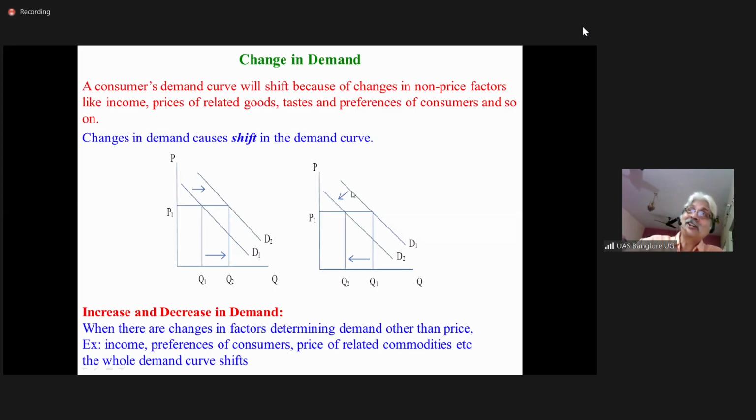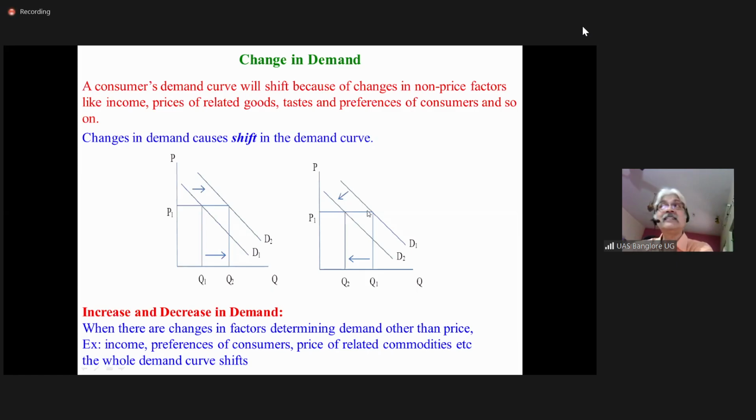So don't consume sugar, or minimize the consumption of sugar. The price remains the same, but the taste and preference of the consumer changes. Preference for sugar gets reduced because the consumer is suffering from diabetes. Suddenly the demand curve shifts leftwards.